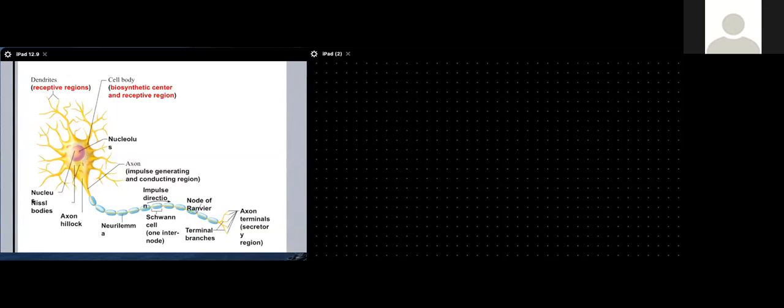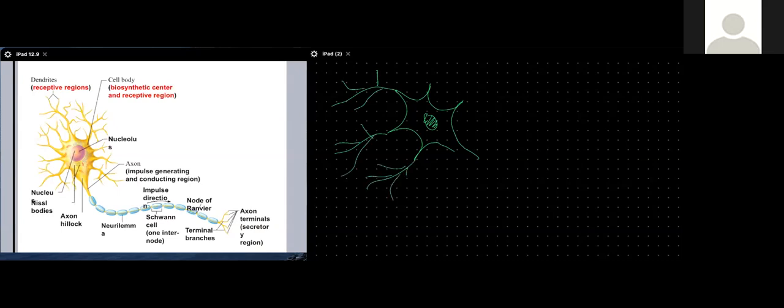All right, so looking here at the structure of my nerve cell, the nerve cell has a cell body, this is where you keep the nucleus of the cell. This is my cell body. And coming from the cell body, we've got short tapering processes. We call those processes my dendrites.